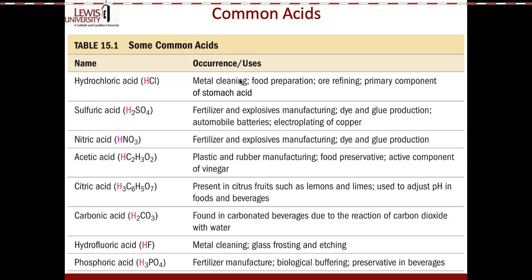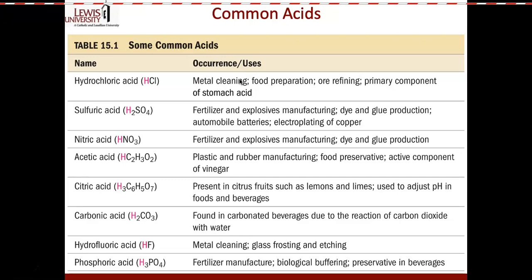Acetic acid is a weak acid. That's just vinegar. If you go to the grocery store and buy some vinegar, it's diluted acetic acid. And we use it in food preservation commonly. Citric acid is also used in food preservation. It's an acid that we naturally find in fruits. And carbonic acid is one that we find in the ocean quite a bit when we have ocean acidification.